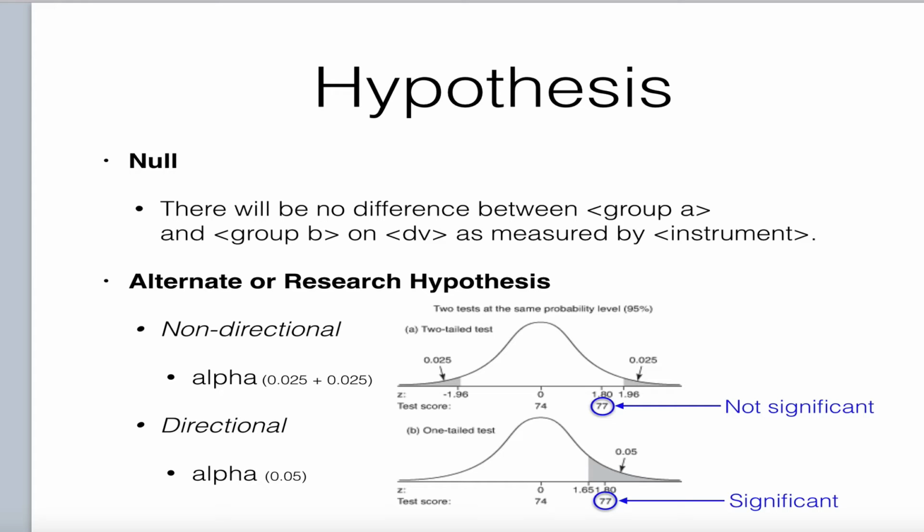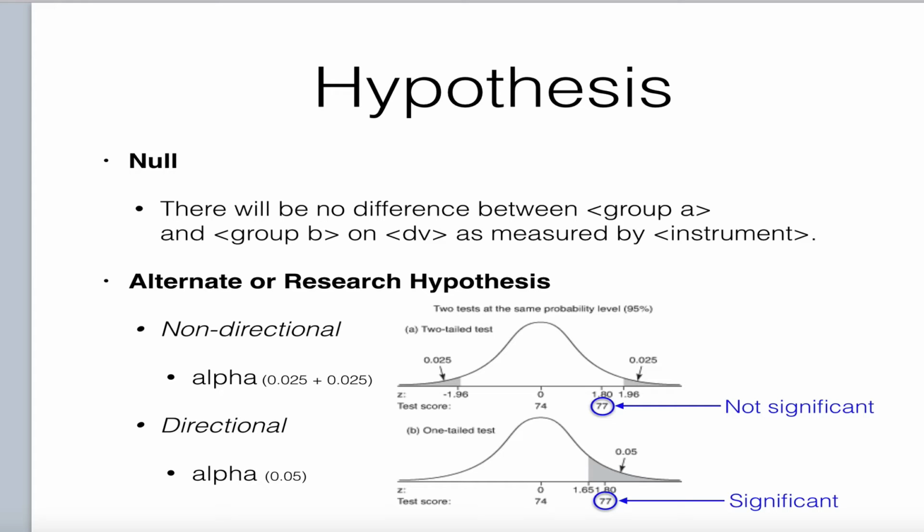So let's take a score on something, and let's say that we computed a mean, and we were asking the question, is one group different from another group? And let's say that the mean of one group was 77 and the mean of the other group was 74.